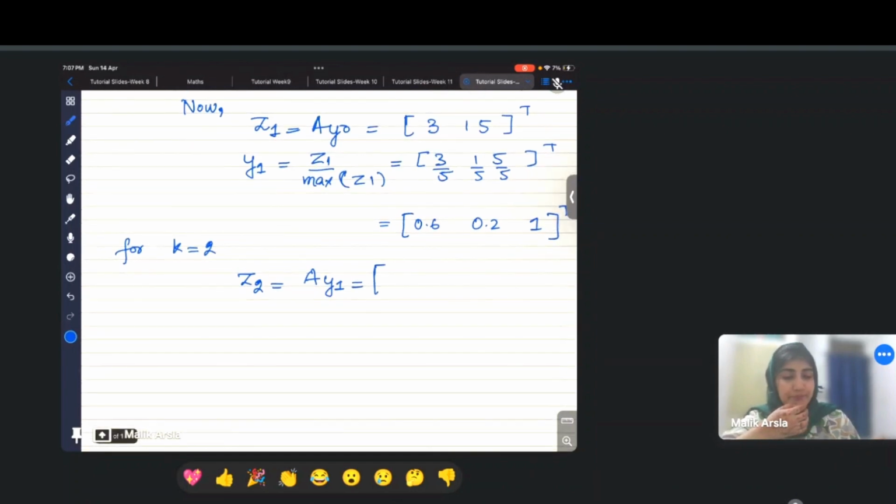Kavita? I'm doing it now. Okay, so you haven't done the assignment yet? Some questions I did. Okay. So multiply the A matrix with this y1 and tell me what you are getting for the value of z2.